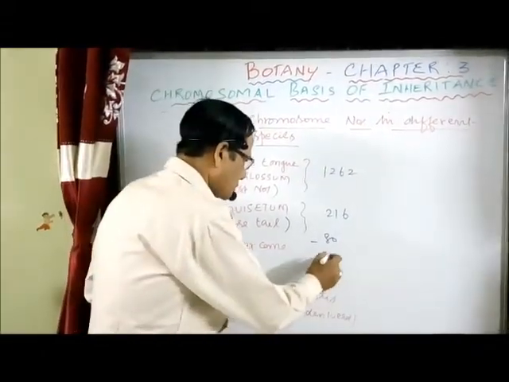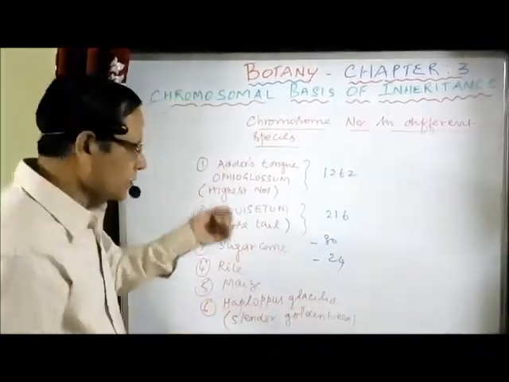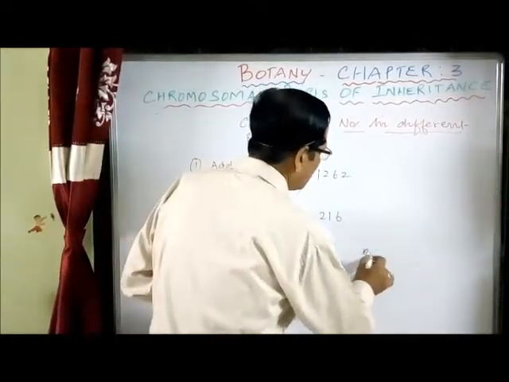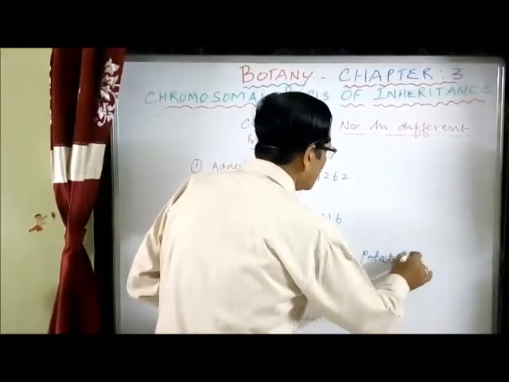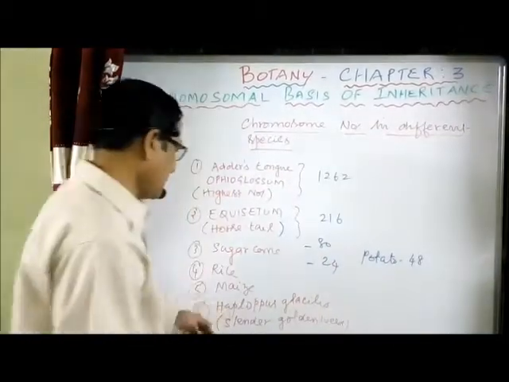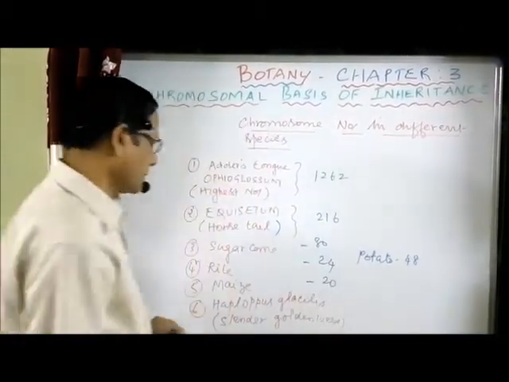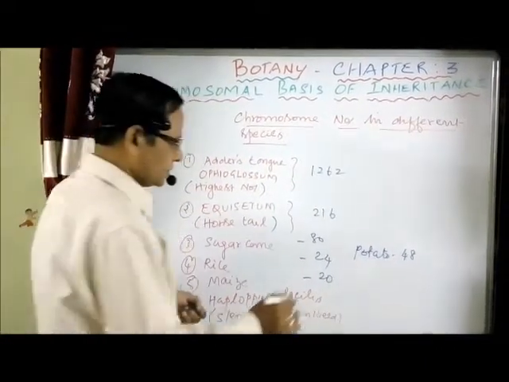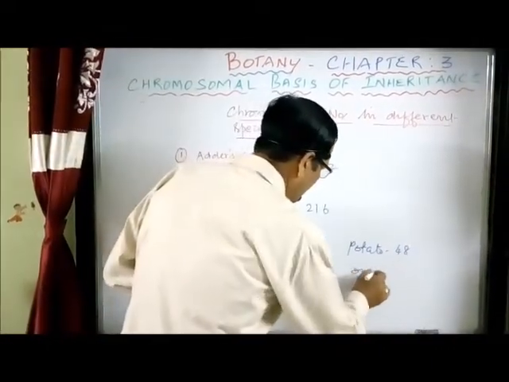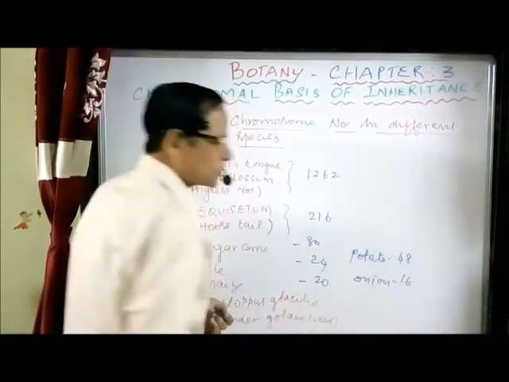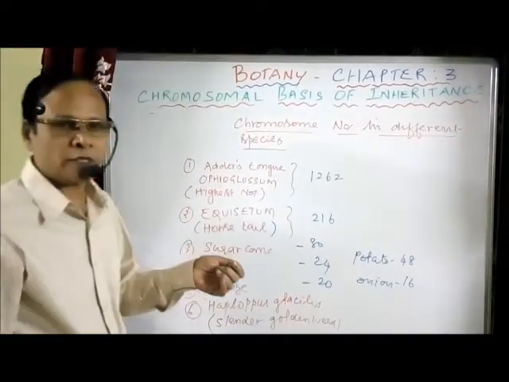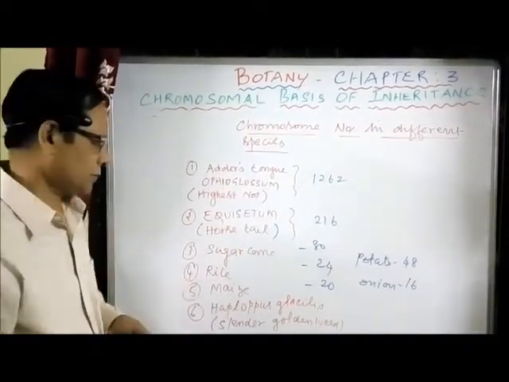Rice has 24. Potato, which I didn't mention here, has nearly 48 chromosomes. Maize contains about 20 chromosomes. In onion we have 16 chromosomes. Wheat contains 14 chromosomes.